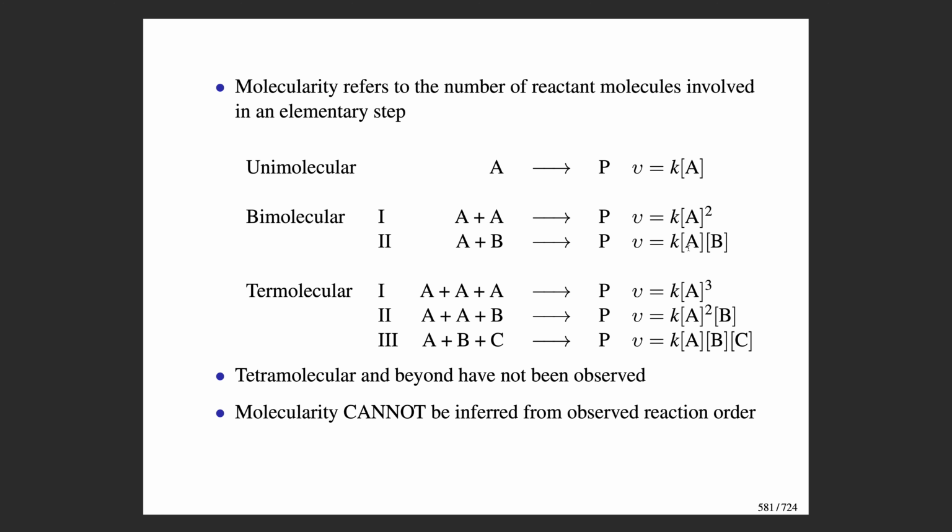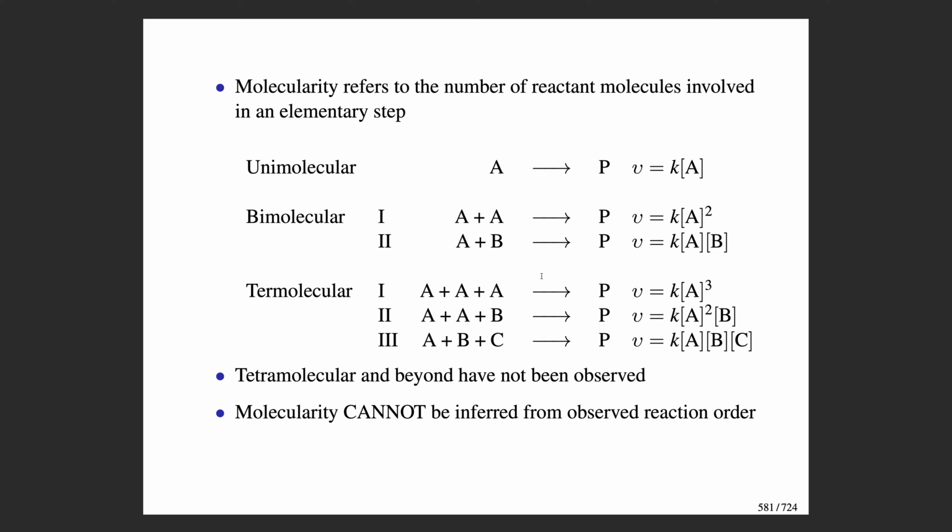Here, the reaction rate for this elementary step will be first order in species A and first order in species B, and it's overall second order. Okay, so both types of bimolecular reactions give you second order kinetics. It's just that for bimolecular type 2, it's first order in each of the different reactants.